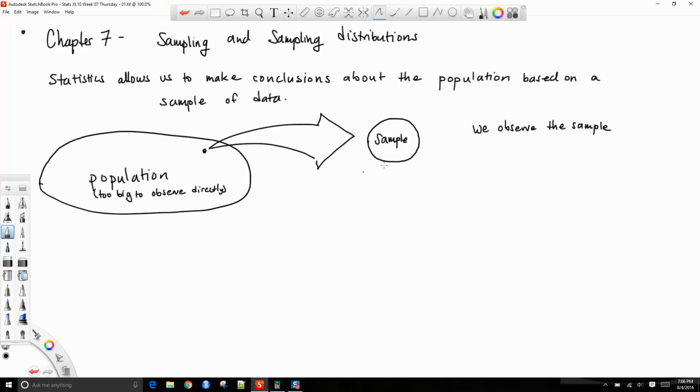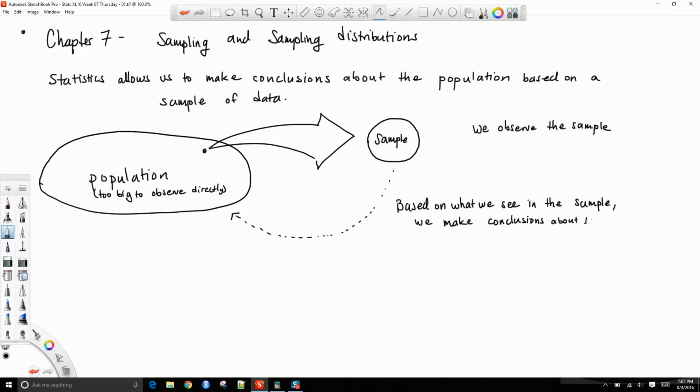And based on what we see in the sample, we then go back and make conclusions about the population. Okay, and this process is called statistical inference.